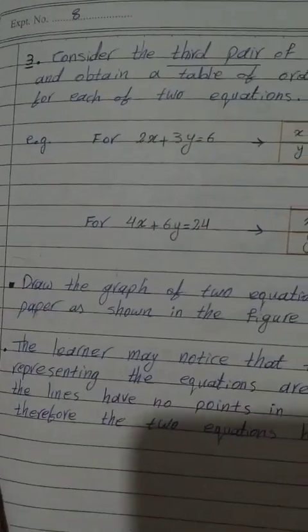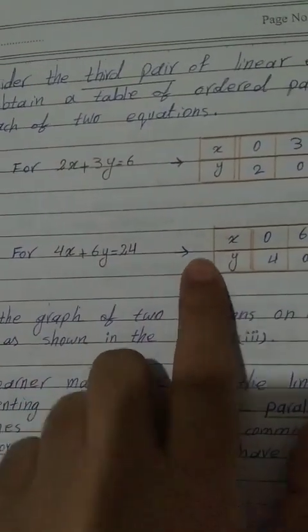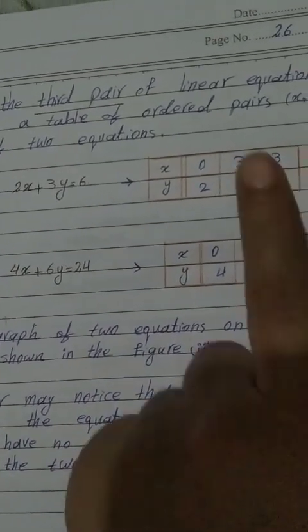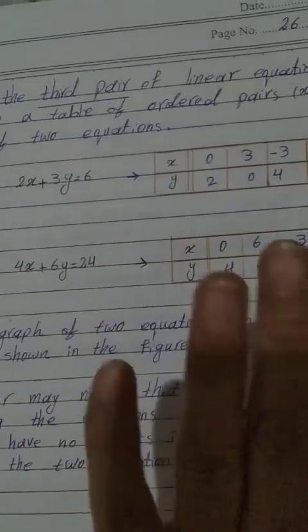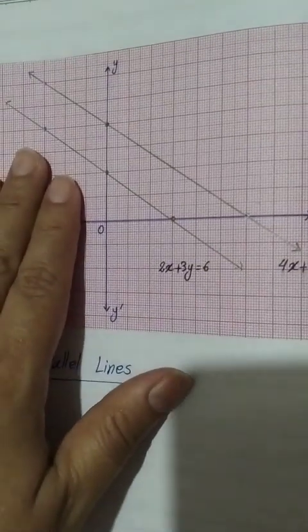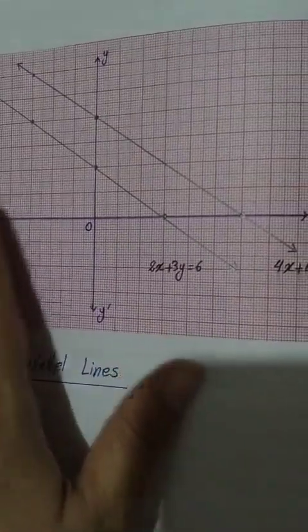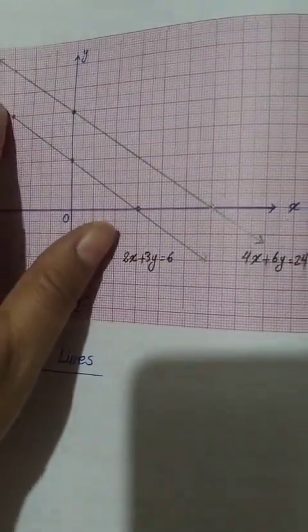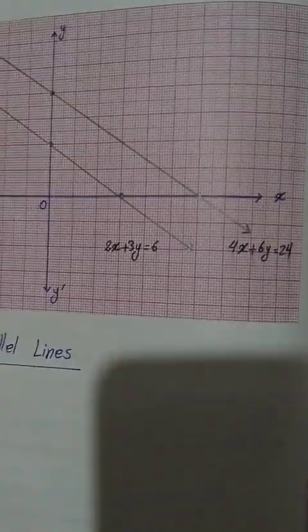Again, in the same practical, they gave you 2 more. For these 2 also, you do the same thing. Give numbers and find the other one for both of them. And draw both of them separately. When you draw both of them separately, you see they never meet each other. And they are going at somewhat the same distance, like 2 lines you are putting and just continuing.